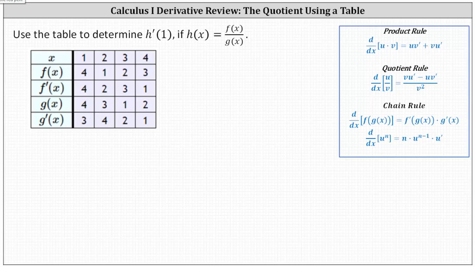Referencing the formula, notice in our case, u is equal to f of x, and v is equal to g of x. This indicates for h prime of x, we have h prime of x equals, starting with the denominator of the derivative is v squared, or the square of the original denominator, which is the square of g of x.